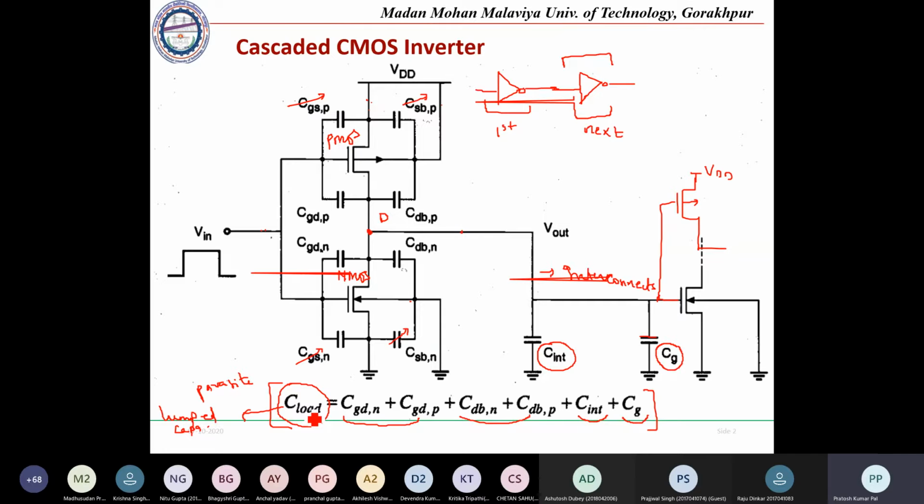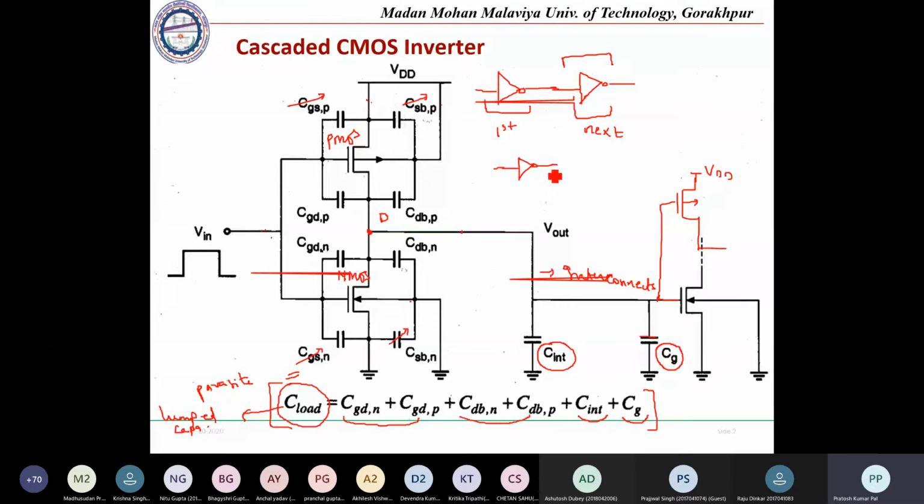So what is the need for this C load? Suppose we have designed an inverter. In the lab part you might have seen how the design is done and how we can analyze its DC or transient characteristics.